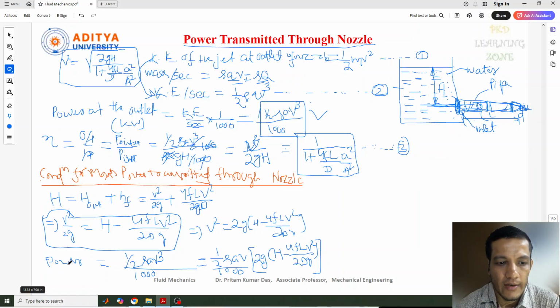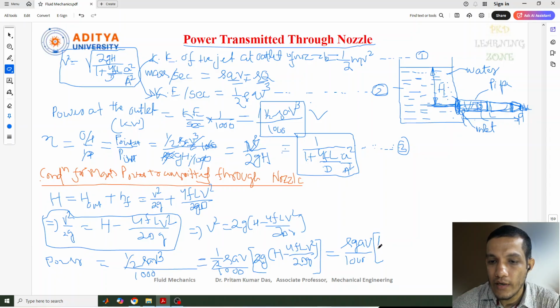So this rho g part we can take outside, and 2 will be cancelled. Finally I can write rho g A V divided by 1000, and the remaining part as usual, H minus 4fLV² by 2dg. This is equation number 4, the power transmitted through the nozzle.